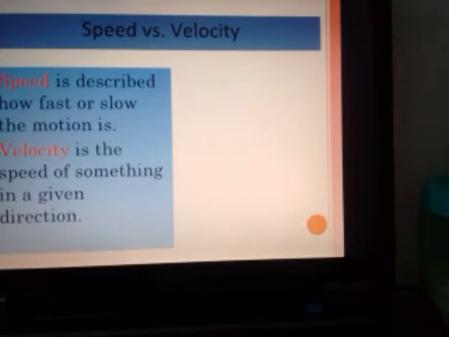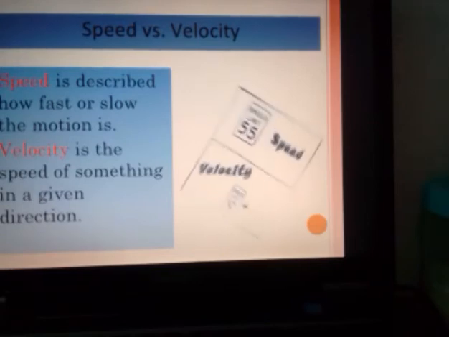So that's why we have the unit meter per second, while velocity is equal to displacement divided by time. In short, velocity gives both magnitude and direction, and is also called a vector quantity, while speed is magnitude only, and this is called a scalar quantity.